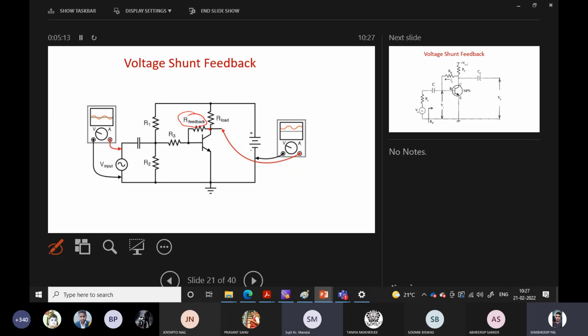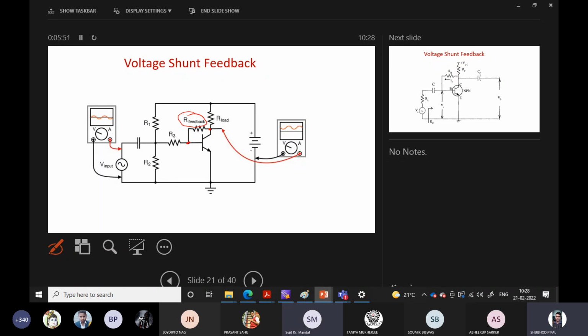That means a part of the input signal is proportional to the output voltage signal, so you can see it as a voltage sample. What I told you about the topology is that we take the sample signal from the output and connect it to the input, and based on that the topologies are divided. If the sample is the output voltage, it is a voltage topology. Now, if we see here, at the input it is connected in series or shunt.